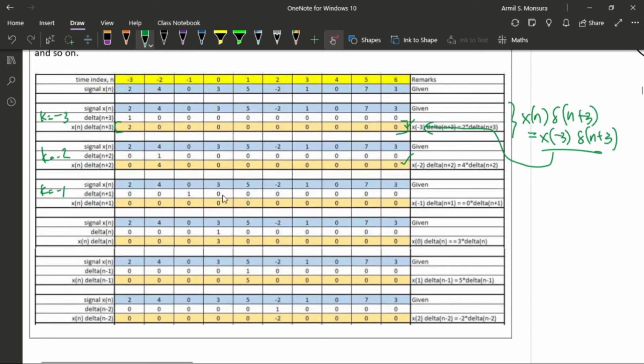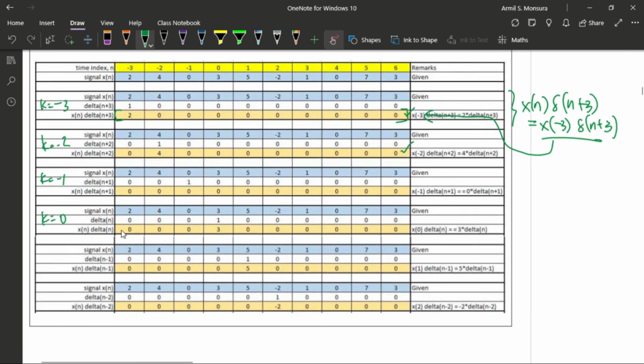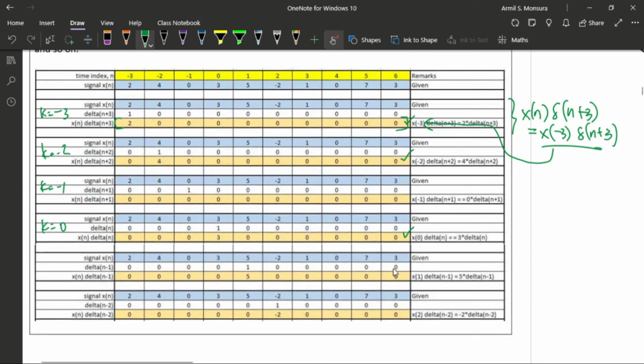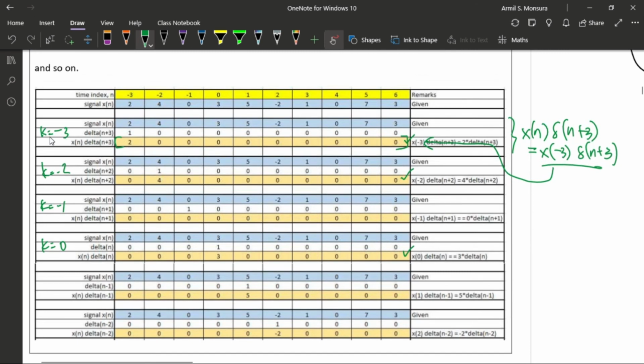So, this is the product sequence for k equals negative 3, k equals negative 2, k equals negative 1, k equals 0. Ito. Okay. So, again, pansinin natin mabuti kung nasan lang nagkakaroon ng value. For example, for k equals negative 3, yung product sequence natin, meron lang value sa n equals negative 3. The rest, 0 siya.